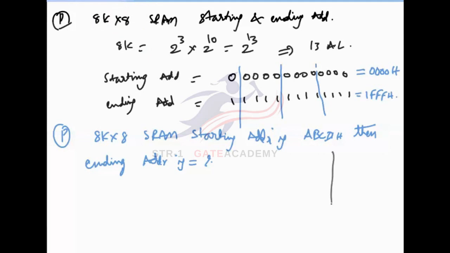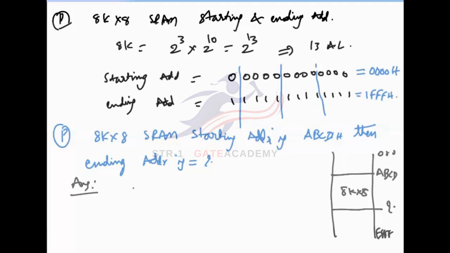This is our complete memory, which starts with 0000 and ends at some FFFH location. Now in the middle some address is given. This is 8 kilo by 8. The starting address of this block is mentioned as ABCD. Then what is the ending address? We want this one now.